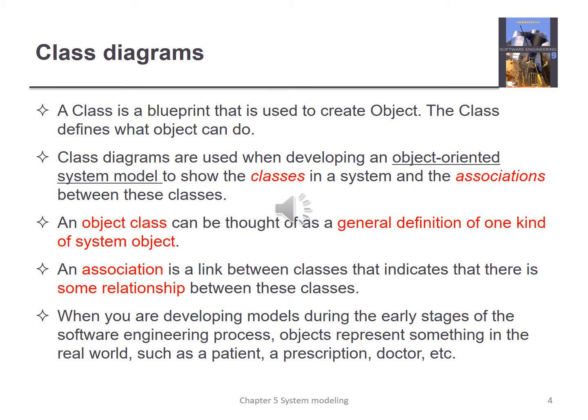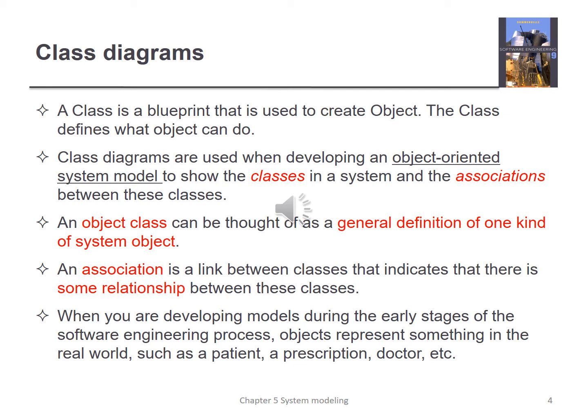An object class can be thought of as a general definition of one kind of system object. So it is a general definition. It's like a patient, or instead of patient, a person, or a vehicle. The association is a link between classes that indicates that there is some relation between these objects.